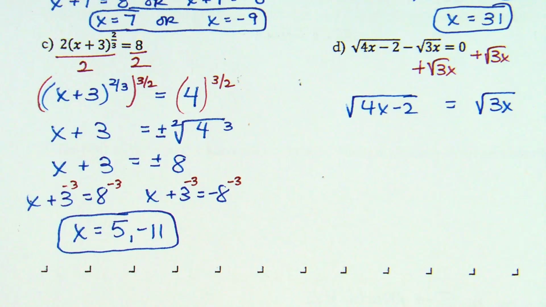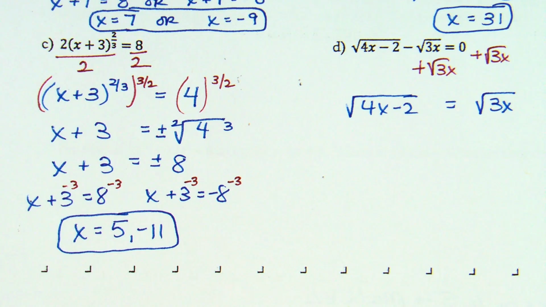Guesses on what to do? Can't take the square root of 4 because it's part of a 4x minus 2. Square that. When you have more than one radical, your job is actually to separate the radicals. Once you separate the radicals, square both sides.